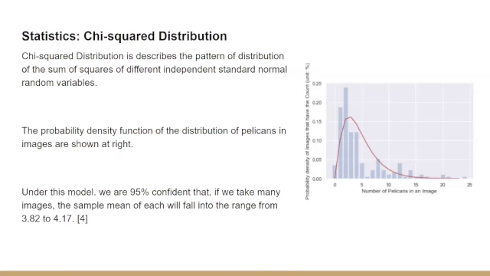Under this model, we are 95% confident that if we take many images, the sample mean of each will fall into the range from 3.82 to 4.17. That said, the number of pelicans in the area when the cameras are set up is most likely 4.